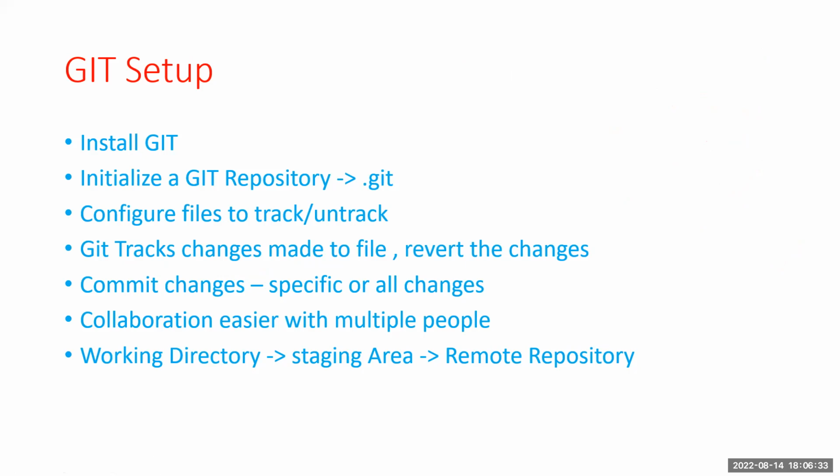Also, you can commit changes to a specific file or all the changes. For example, in my code I had 5 files. All these 5 files formed a part of my master branch. Now as I told you, this is a distributed system. Git is a distributed version control system.